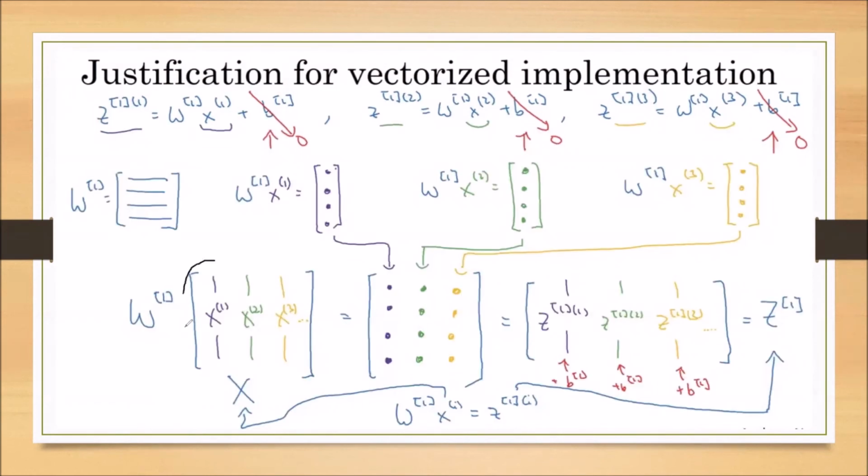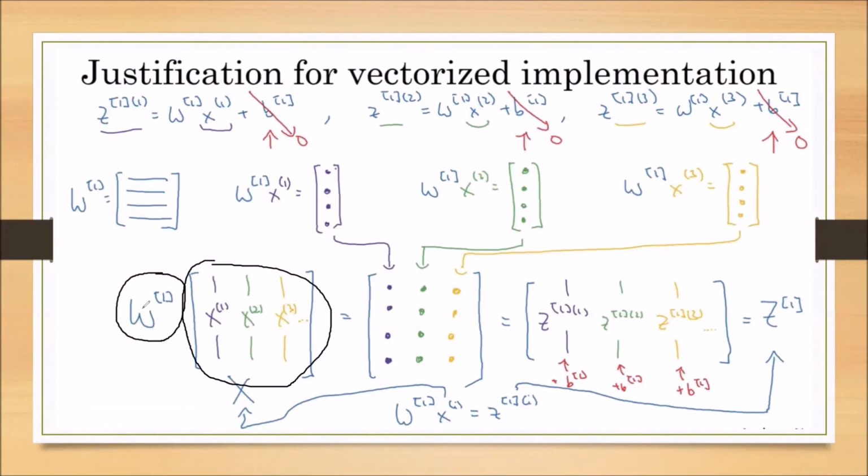Now this X represents the total features of all training samples. This W represents the weights, the parameters that control the activation units of the first layer. As we already discussed, the W matrix size depends upon the number of activation units and the number of features.